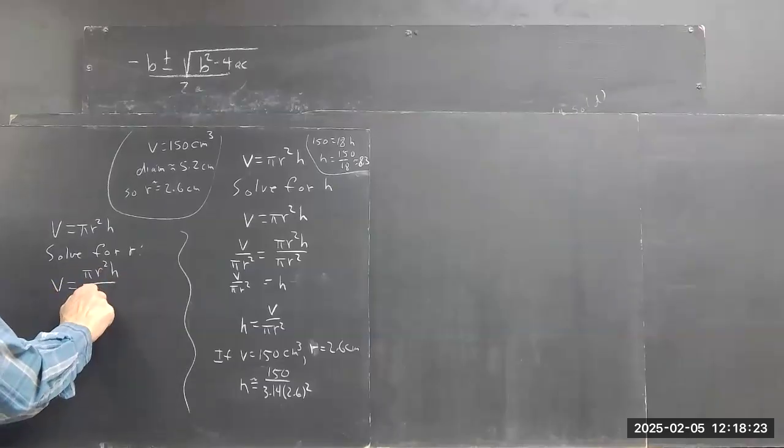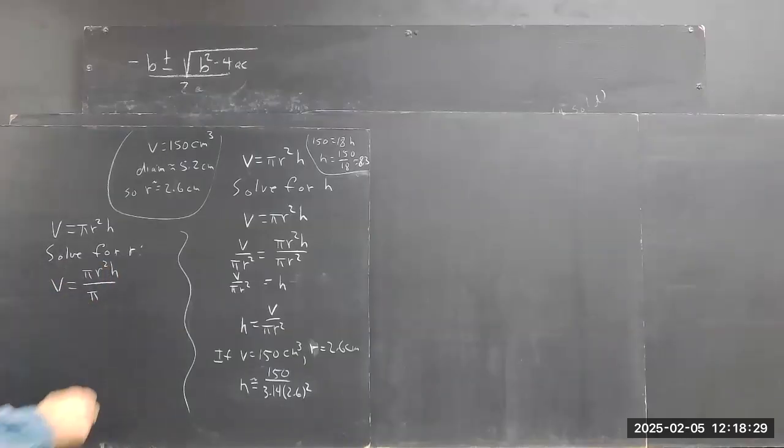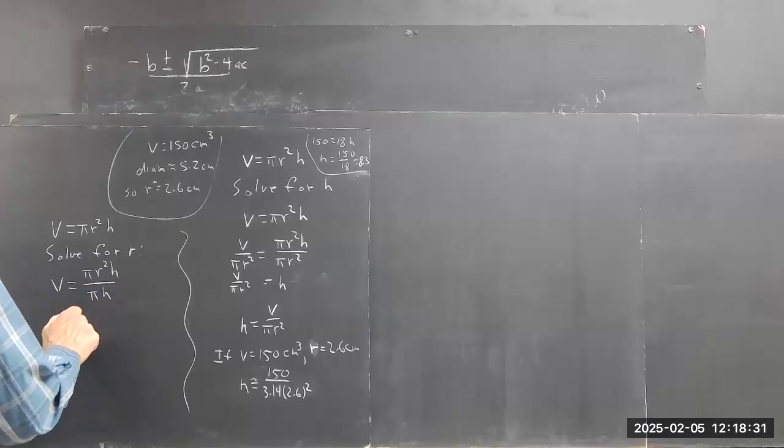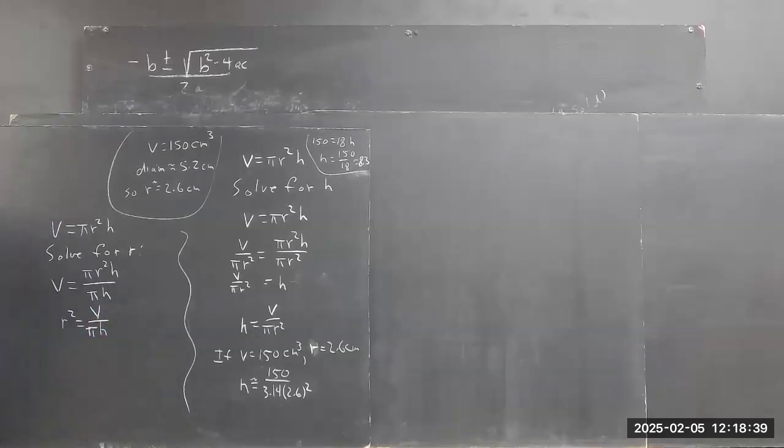Trying to get r, r squared is multiplied by pi and multiplied by h. So we can divide by pi times h, and we get r squared equals V over pi h. Now, what do we do about that r squared? You haven't had that, you just had linear equations, okay? But what we do is pretty simple.